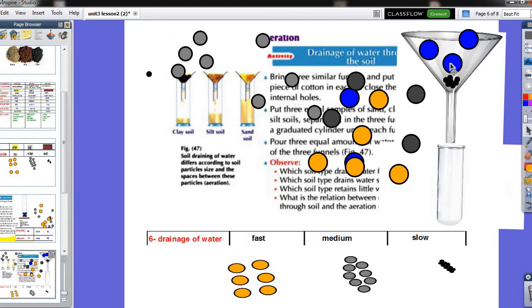The water will move slowly, as we see. Why? Because the spaces between the particles of the clay are very small, as we see.